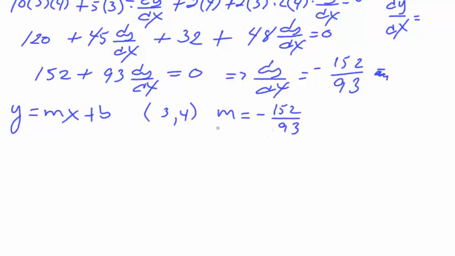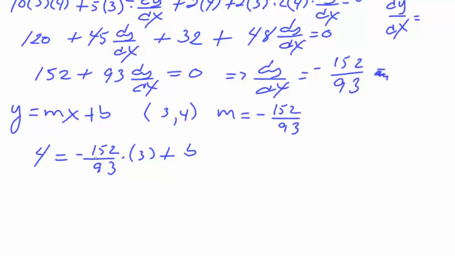So we can plug all this in and solve for b now. Okay, so 4 goes in for y. M is negative 152 over 93. X is 3. We'll put parentheses around that. And then b, as you can see, we need to solve for b in this problem.